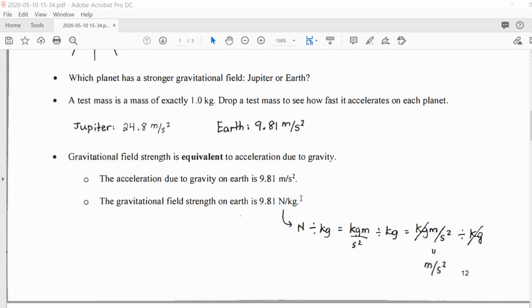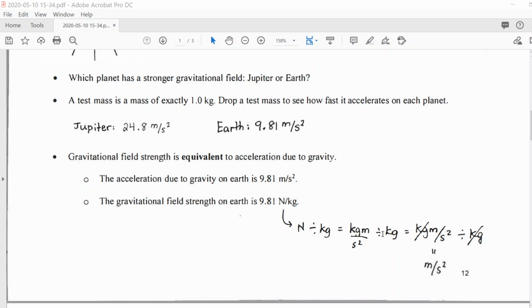Now, to communicate what we mean, sometimes we change the units. So instead of writing meters per second squared, we'll write newtons per kilogram. But what I want you to notice here is that a newton per kilogram is really the same thing as a meters per second squared, because a newton is a kilogram meter per second squared.